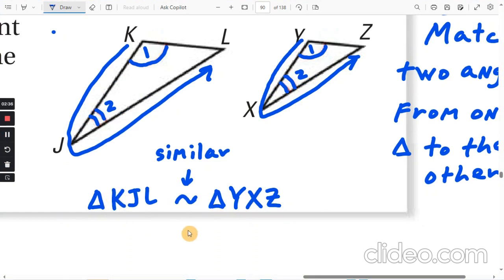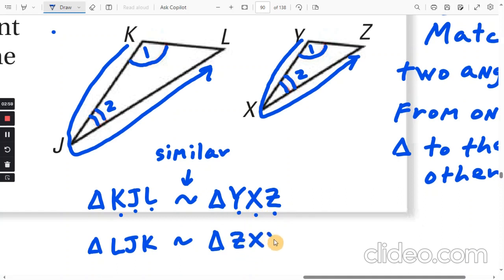As long as it matches on both sides of the similarity symbol, it's fine. If you want to write it the other way and write LJK, basically write it backwards than we did the first time, then you just do the same thing on the other side and write ZXY. So there's more than one way to write the statement as long as it matches on both sides of the similar sign.